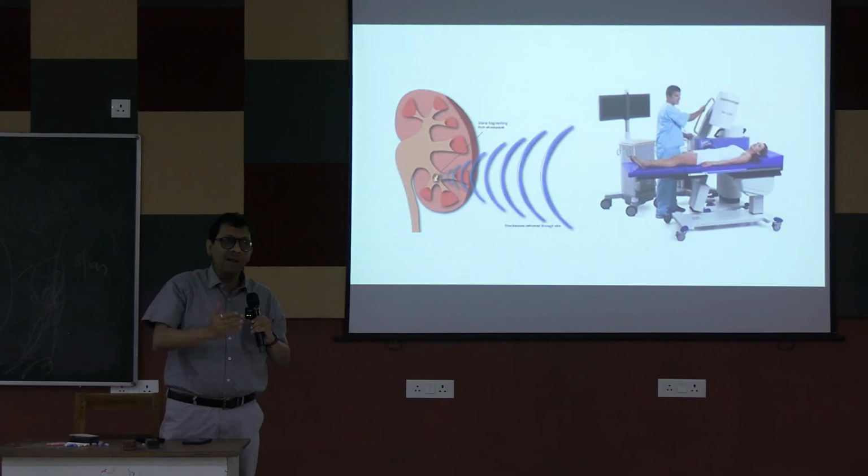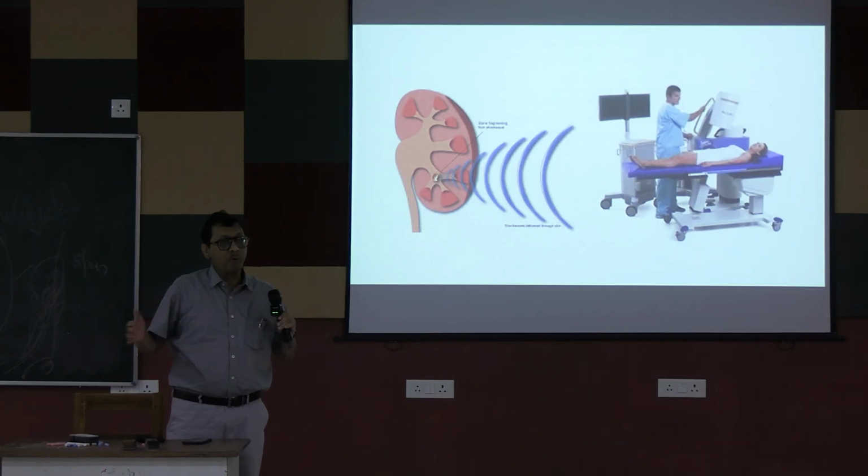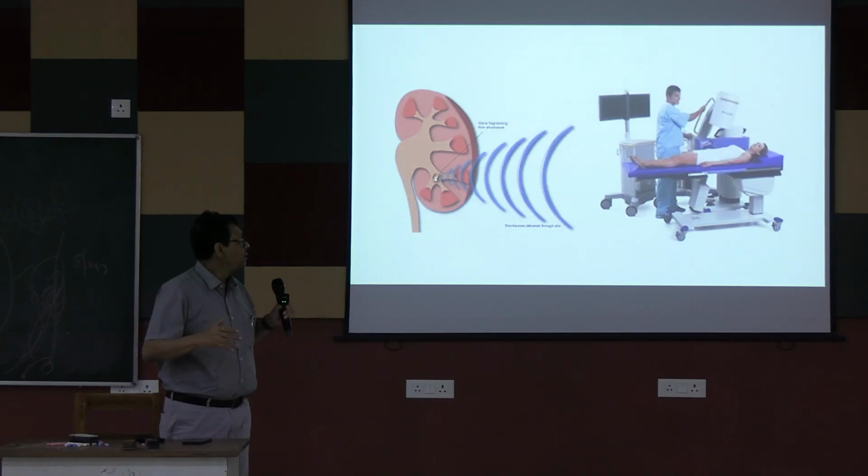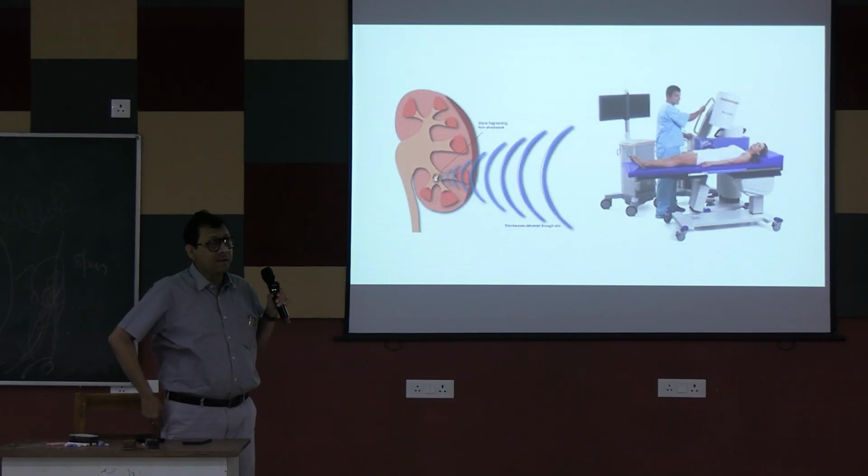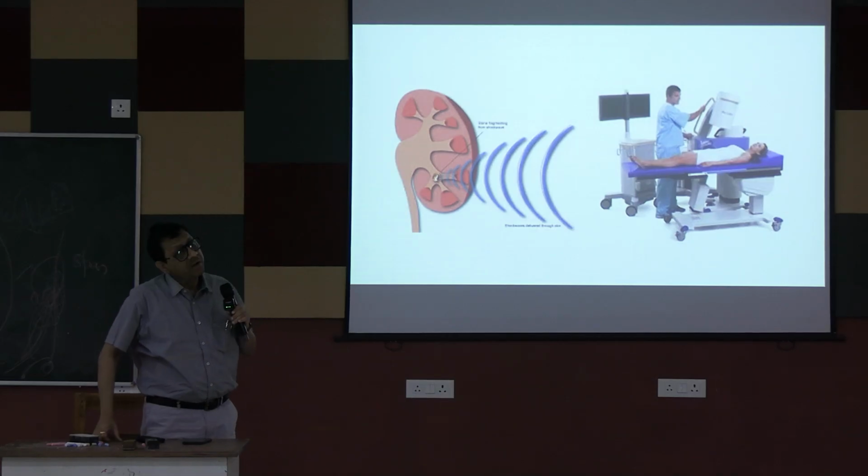So he got the idea of breaking a substance at a much inside depth without causing any trauma to the intervening system. That is why the concept of ESWL came in the early 80s, and gradually it took a lot of improvement, and it has become a very small instrument like this by which we can treat this stone.